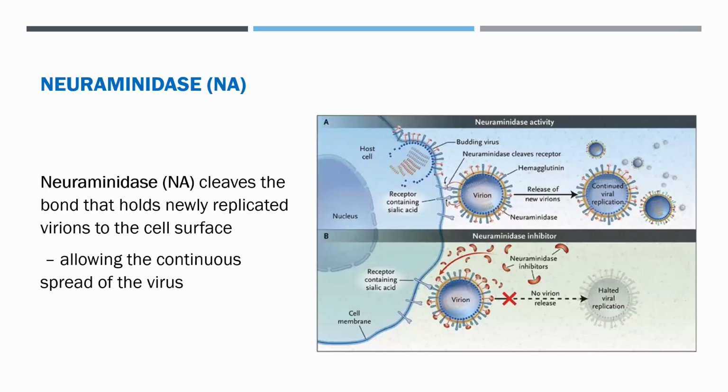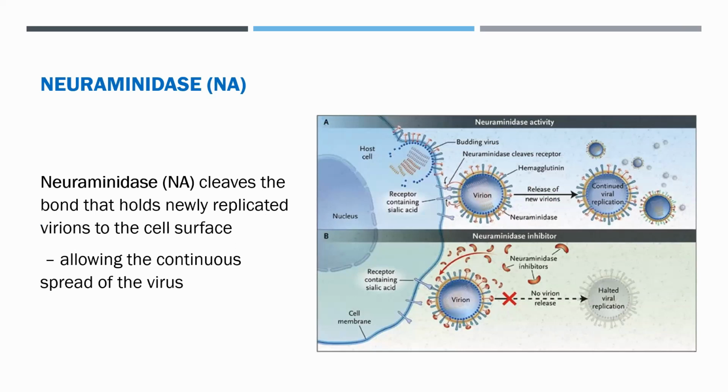On the other hand, the neuraminidase cleaves the bond that holds newly replicated virions to the cell surface. This will allow the continuous spread of the virus.